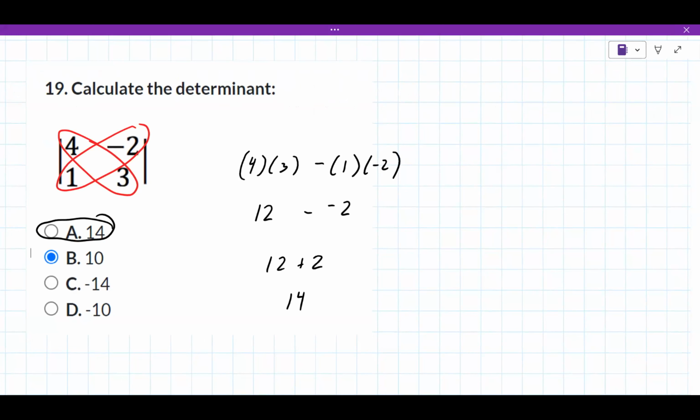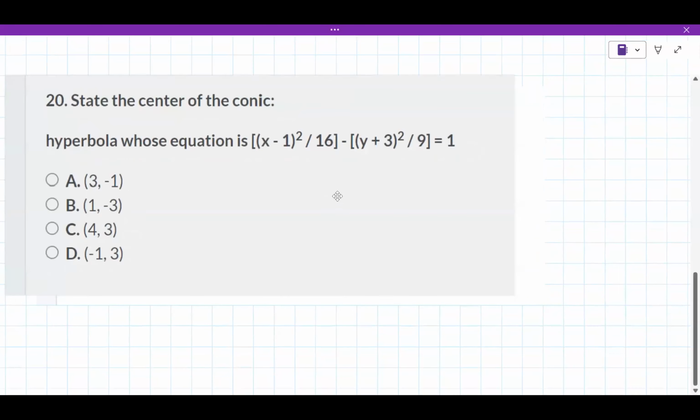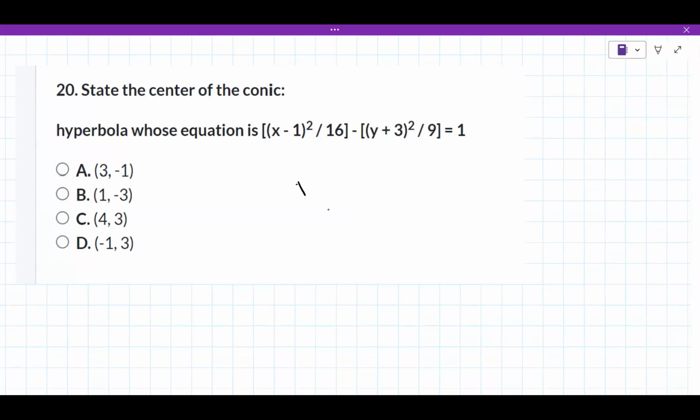All right. So the last one here does require you to graph. You want to get the Desmos graphing calculator out. We'll take a look at that here. So we've got x minus 1 squared over 16 minus y plus 3 squared over 9 equals 1.